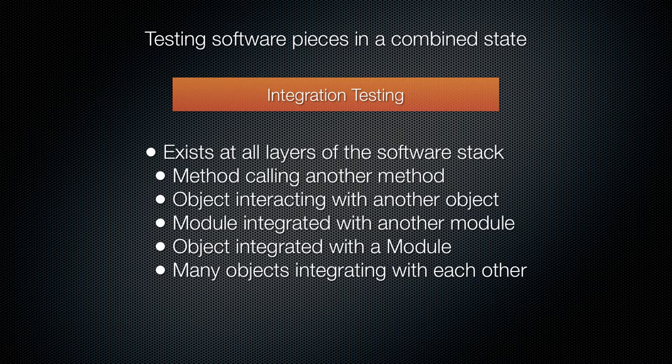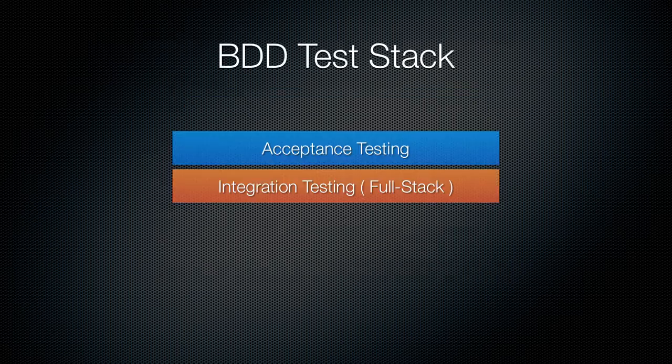An integration test at the heart of the definition is really just testing software pieces in a combined state. When you're writing your tests, you need to think about what components are going to be interacting, right? What do I care about actually testing, do I care about testing the integration of these two objects, and what is that exact integration point? More details of this will come in further screencasts.